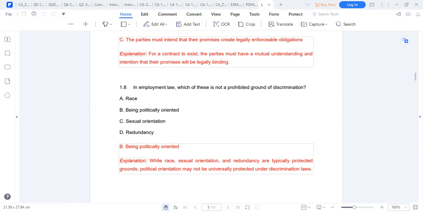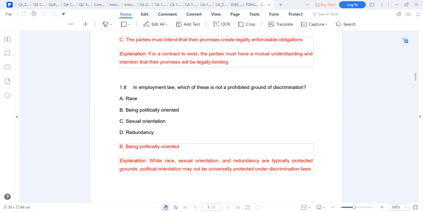In fact, politics are not allowed in most places, so it's not provided for. Employment discrimination laws focus on protecting individuals on attributes of race, gender, religion, disability, but not political affiliations. Sexuality, yes, it is provided for. There are laws that protect against discrimination, especially against women, and now with gay rights coming, there are laws protecting them.